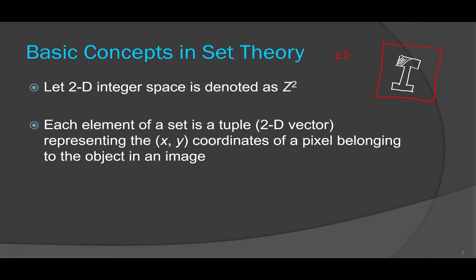So this is one object in our image. Now what I said is, each element of a set is a tuple representing the x, y coordinates of a pixel belonging to the object in an image.